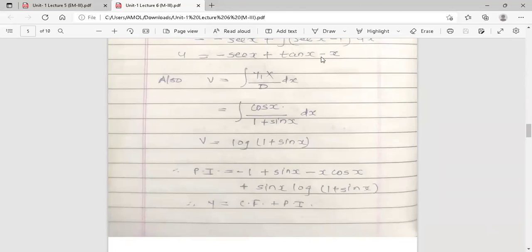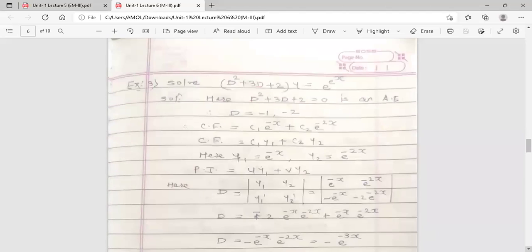If we multiply this u by cos x, sec x into cos x will get cancelled. Here it will be minus 1 only, plus tan x into cos x will be only sin x, minus x into cos x. So this is the first term, u y1, plus v y2. V is log of 1 plus sin x into y2. Y2 is sin x. So this is your PI, and then the general solution is y is equal to CF plus PI, complementary function plus particular integral.